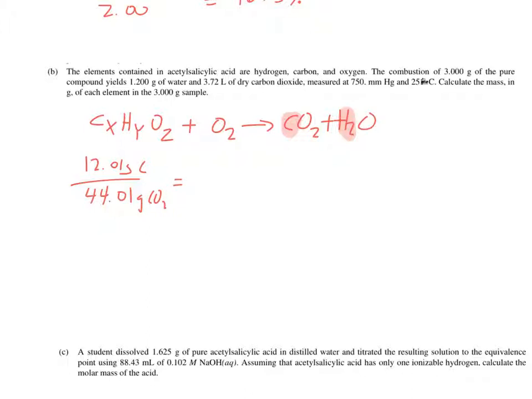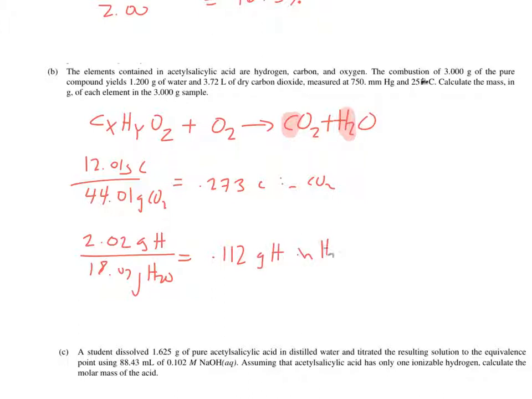The answer there is 27%, or 0.273 carbon in CO2. The next one is hydrogen in water. So hydrogen is 1.01, and there are two of them, so it's 2.02 grams of H in 18.02 grams of H2O.